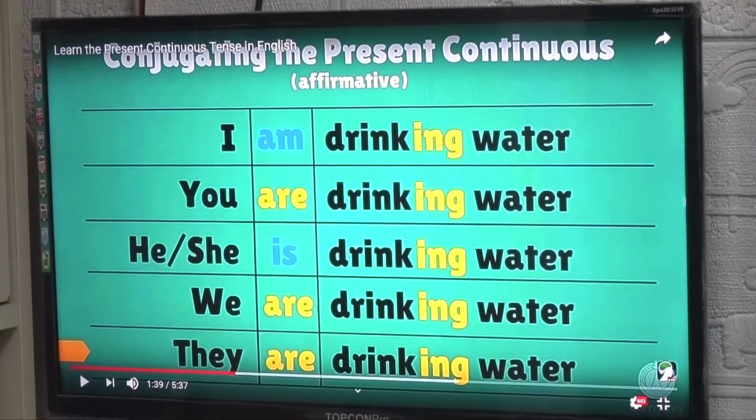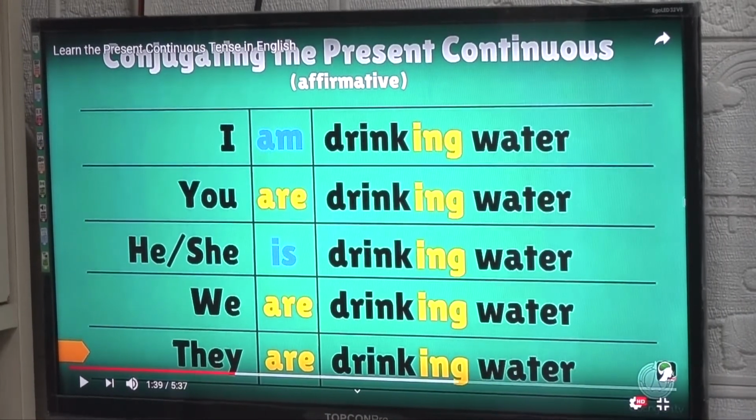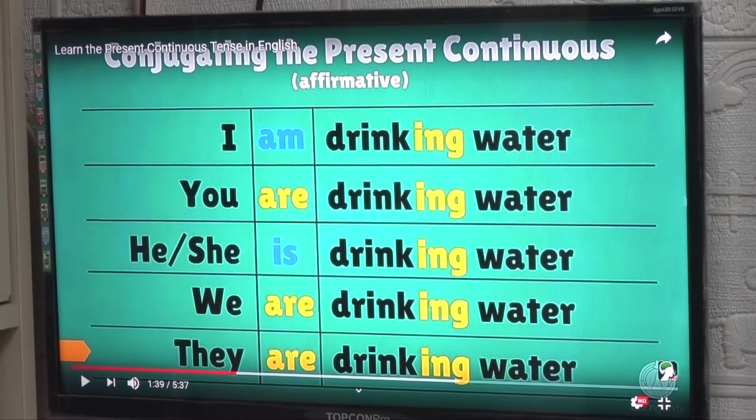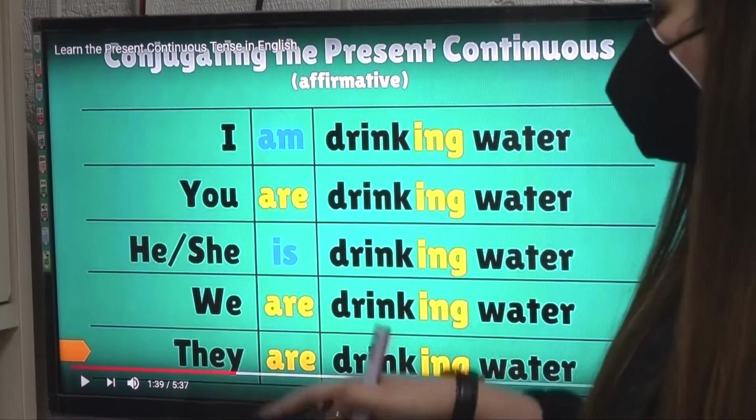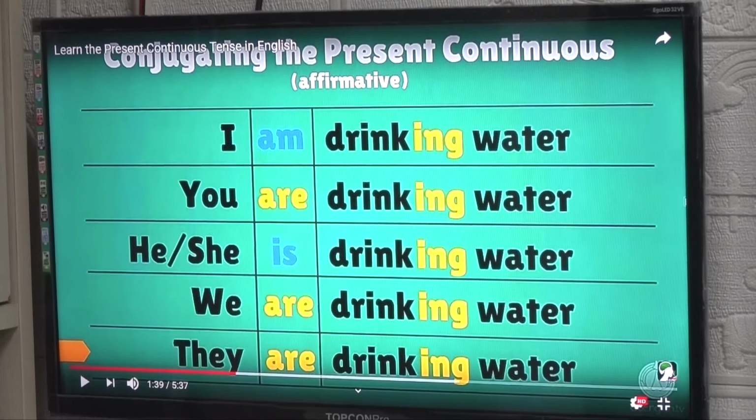So basically, we only use am when the subject is I, and we use are when the subject is you, we, or they, and we use is when the subject is he, she, or it. So how do we form present continuous tense?